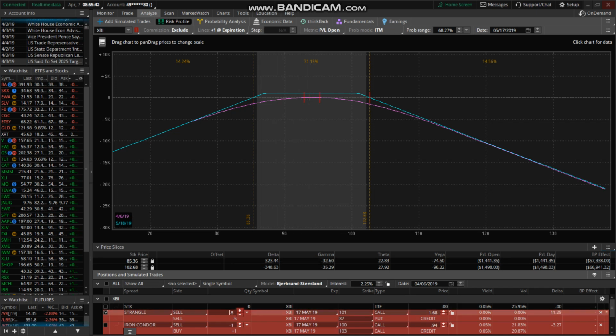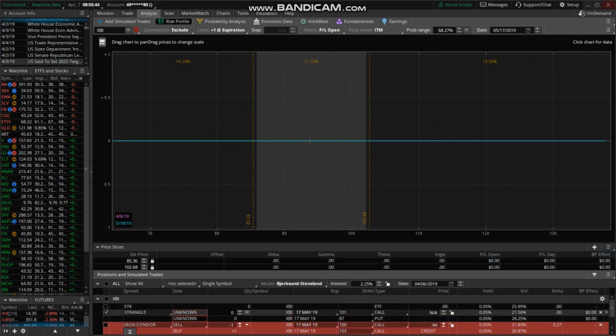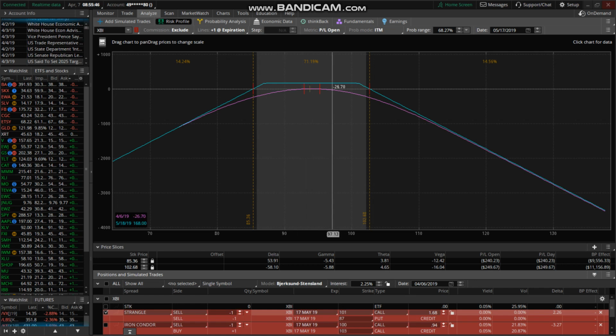So if we're selling, let's go back to one contract or one strangle. If it stays within the money, if it stays within this range, we're making $168. And then if it comes out, like I said, you have infinite loss on both sides, but it will not normally go way out of this zone. It's not something that's very common.